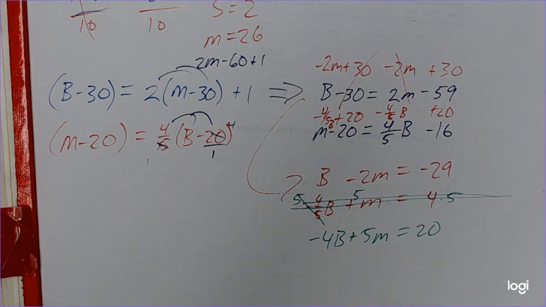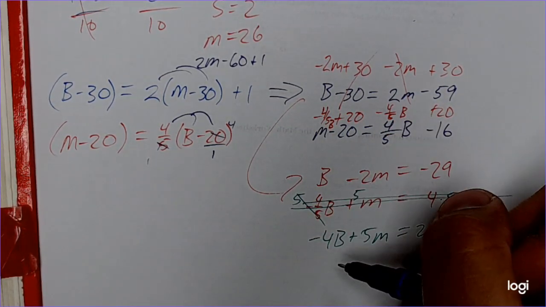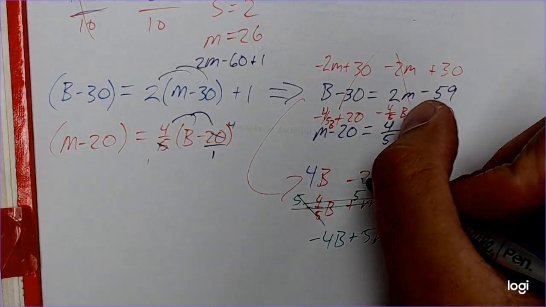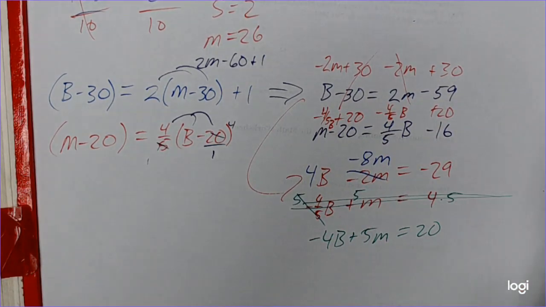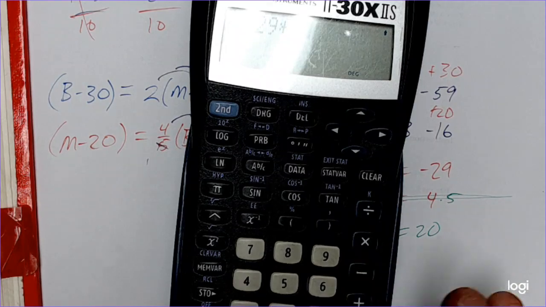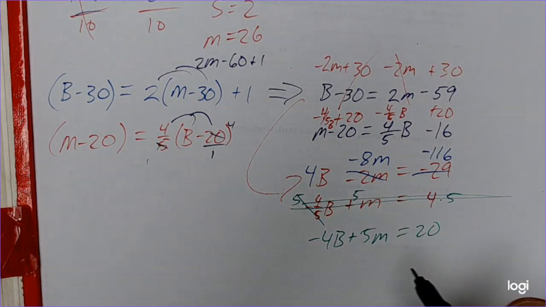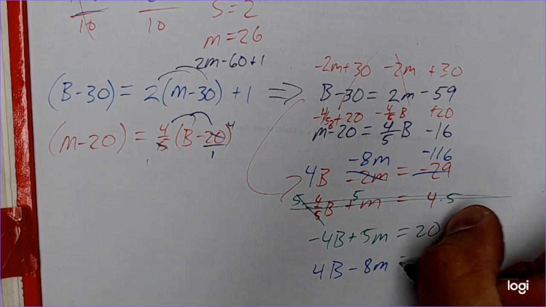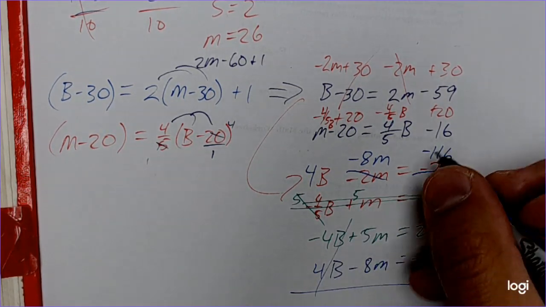So let's see here. If I scale this top equation by 4, I'll have positive 4, negative 4, and I can use elimination. So let's do that. If I make that 4b, that would become negative 8m. Negative 29 times 4, negative 116. So now I've got 4b minus 8m equals negative 116, and I can finally eliminate.